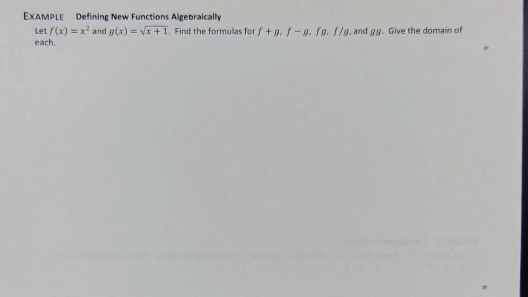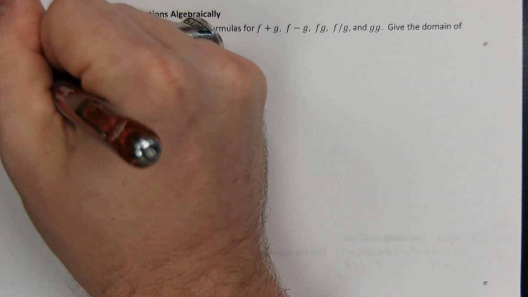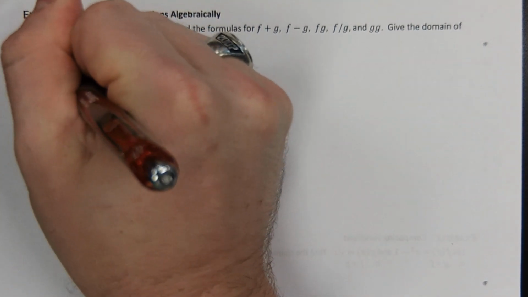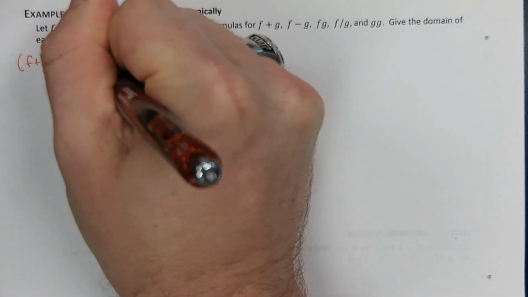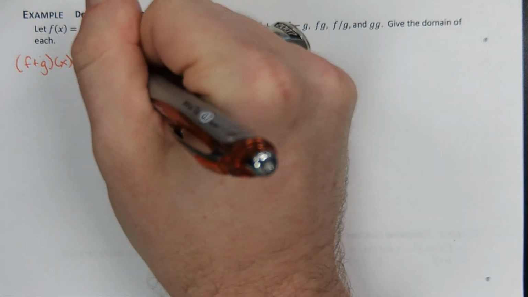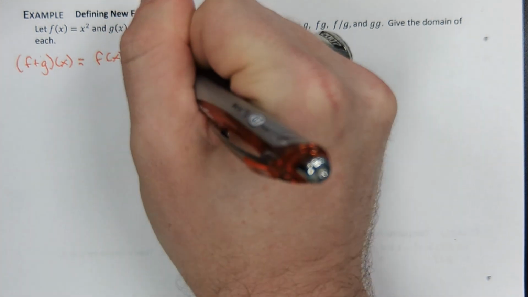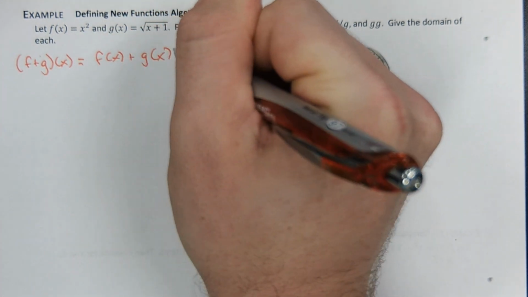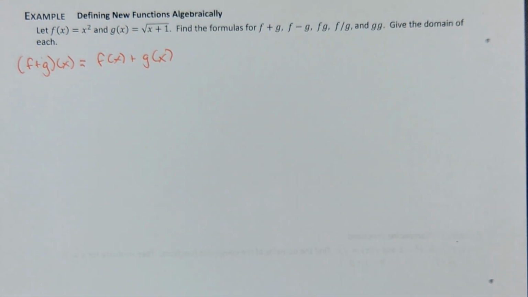We'll start with orange. Let's do f plus g of x. This tells us take our f of x and add our g of x. That's all it says.